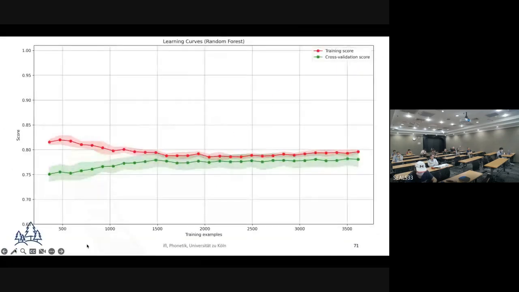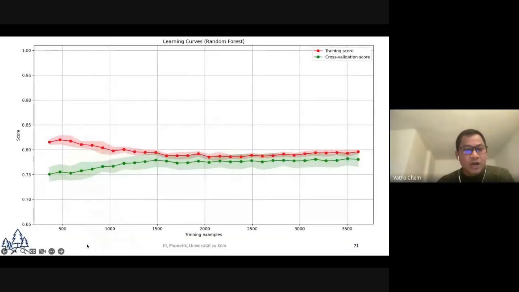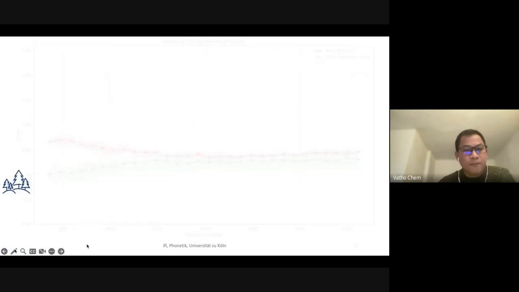So this is the result from random forest. We got around 79% accuracy, and as for the training score and validation, we found that they fit together, because it seemed that the machine can understand how the reduction words in Central Khmer can be identified or grouped together.